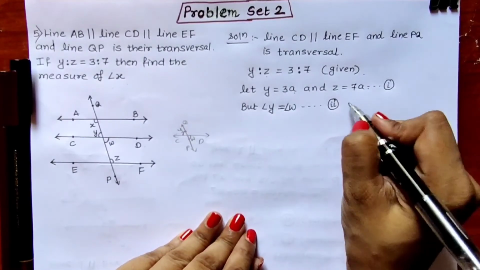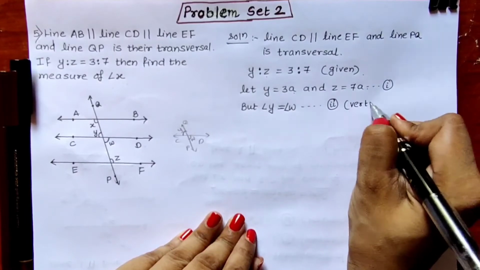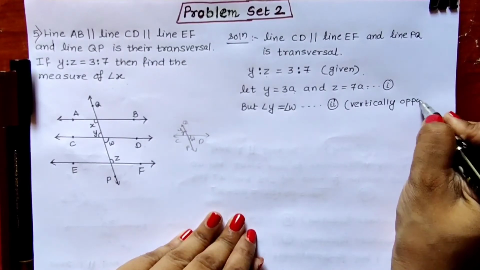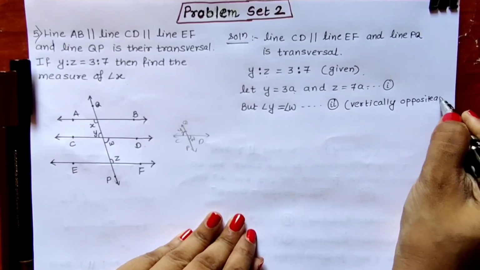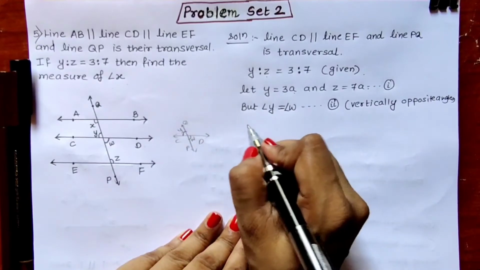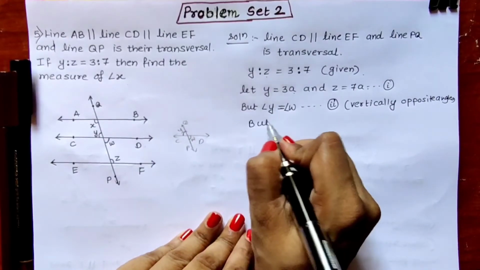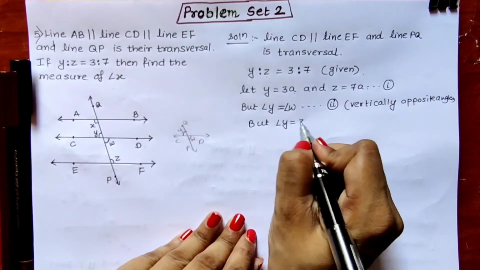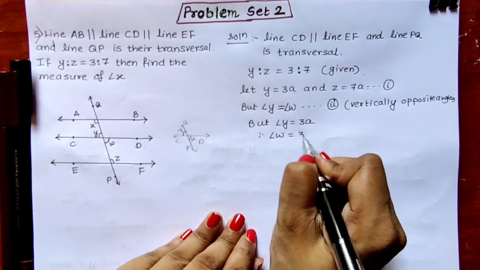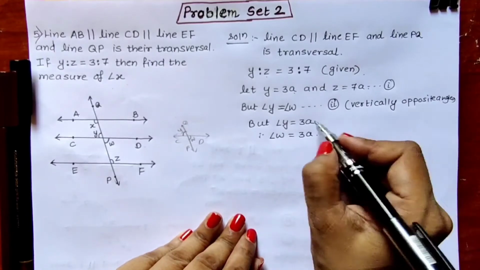The reason is they are vertically opposite angles. So Y is 3A, but angle Y is equal to 3A. Therefore, angle W will also be equal to 3A.